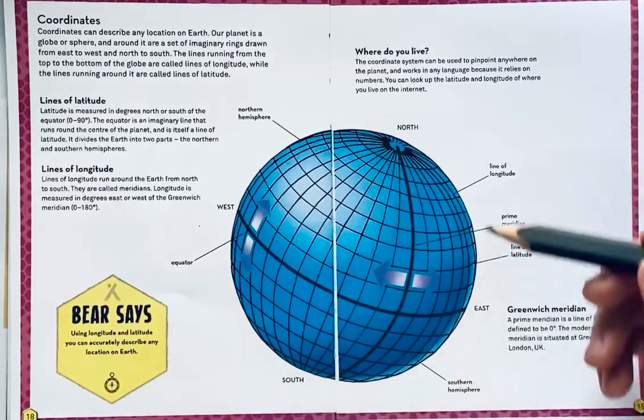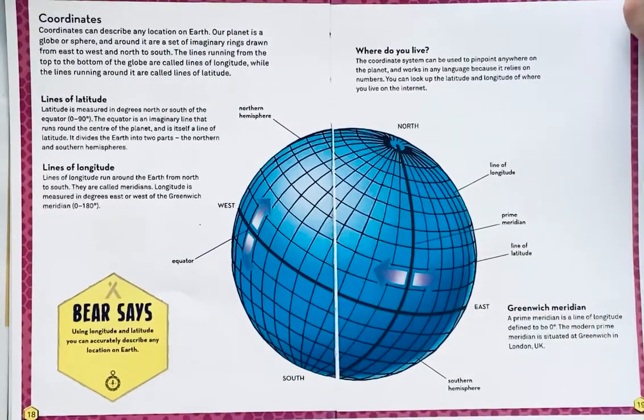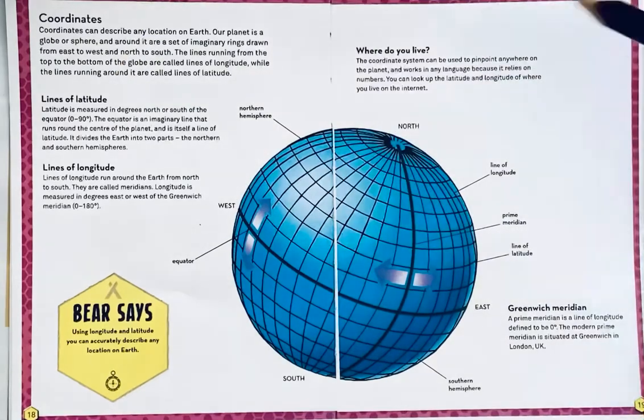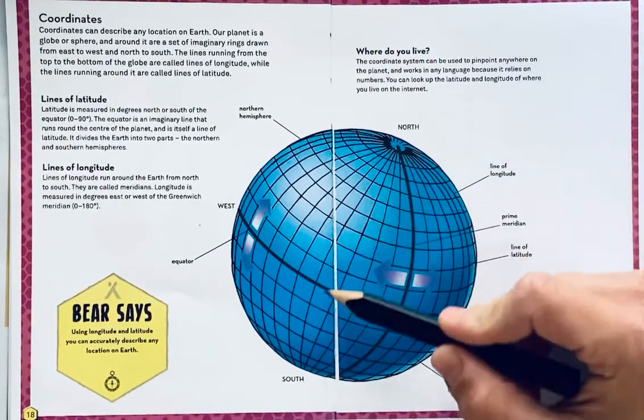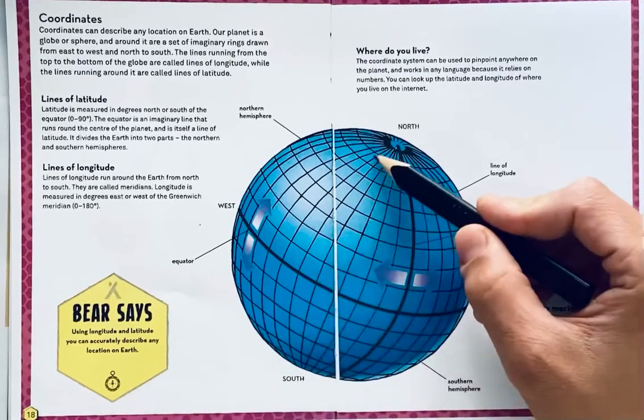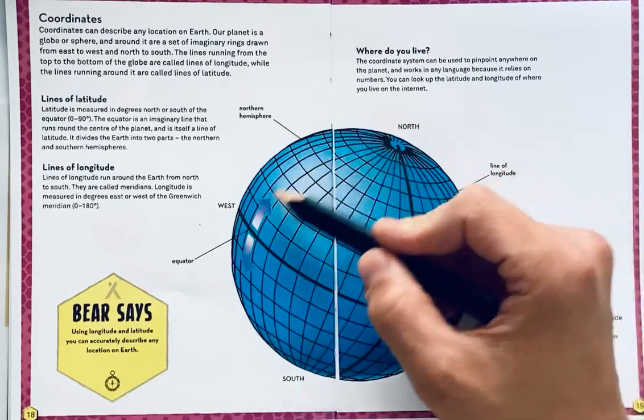Now, lines of latitude we have had for a long time. Since ancient times, we've had lines of latitude. However, lines of longitude, which are these lines running north-south that measure east and west, are relatively new.